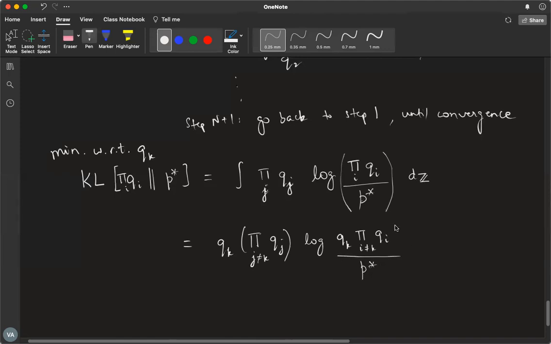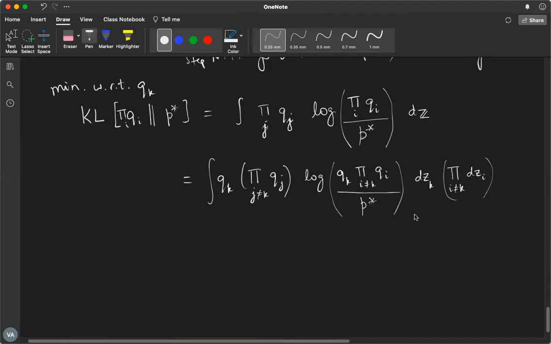P star has all the Z, times here this was a vector, so I will just take out my kth term dzk, and this is product over I not equal to k dzi, right? And then we have integration. This step was simple. We have just taken out the qk terms.